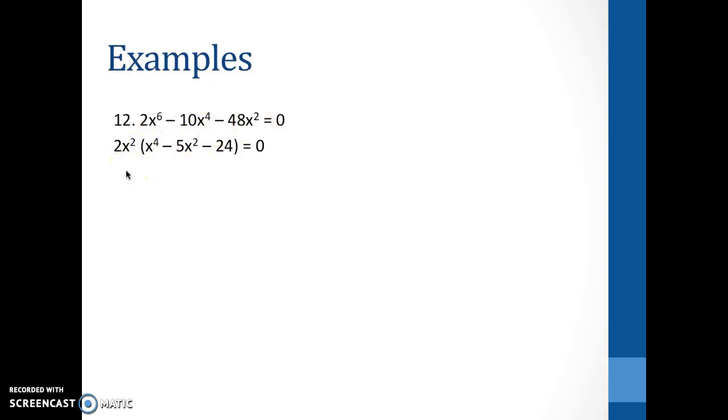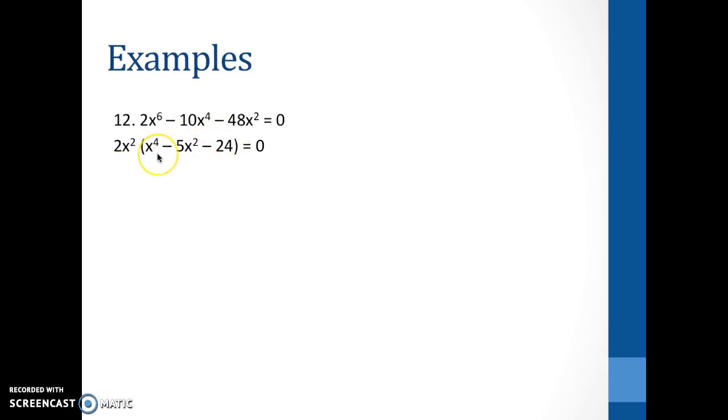Are we done yet? No. We're not quite done yet because we can reduce this even further. We're looking for factors of negative 24 that when added together will equal negative 5. In this case, that's negative 8 and positive 3.